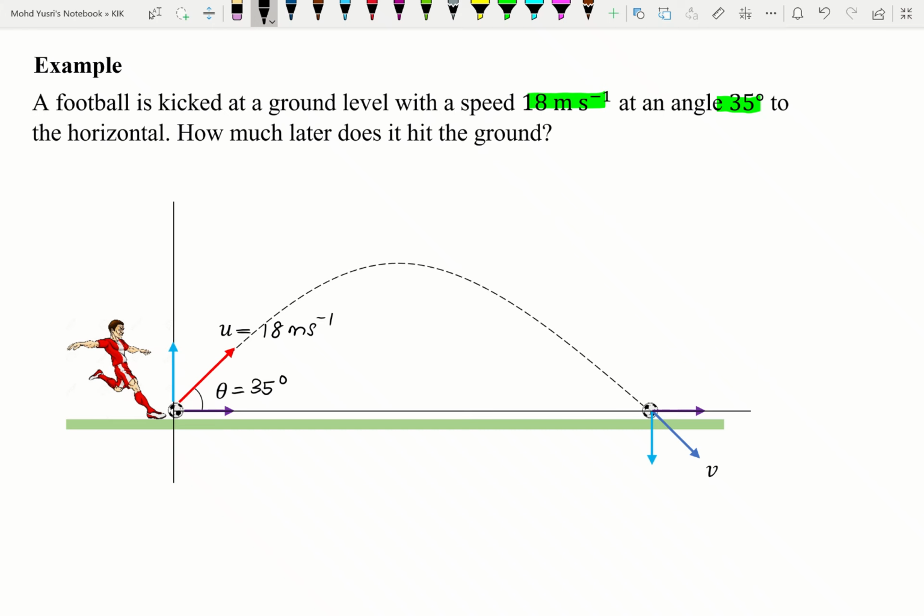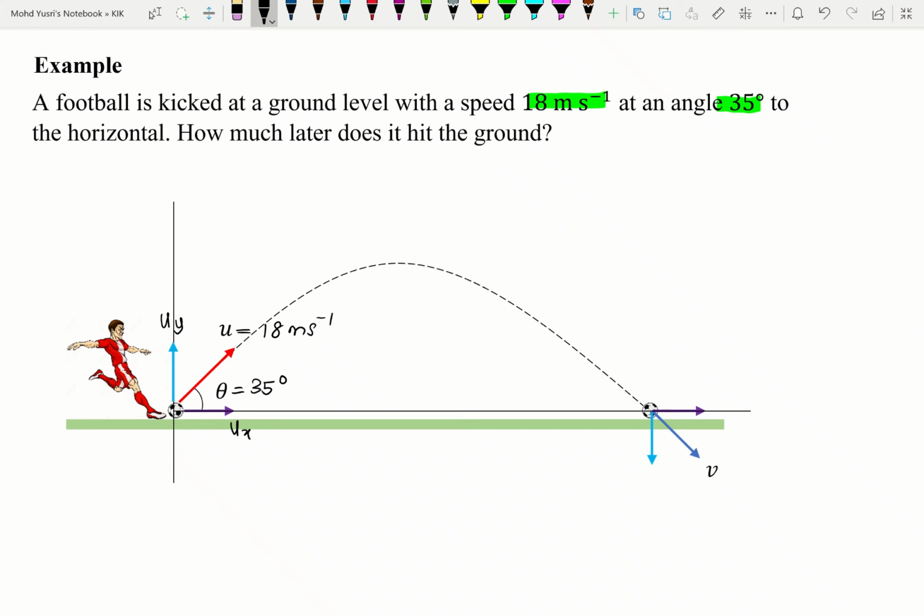Because projectile motion is a two-dimensional motion that involves a horizontal component and a vertical component, it is good if we label the horizontal and vertical components of the velocity. In this diagram, we can label the y component of the initial velocity as well as the x component of the initial velocity.